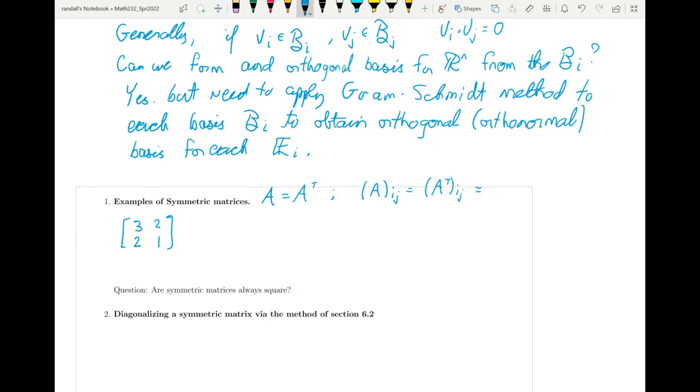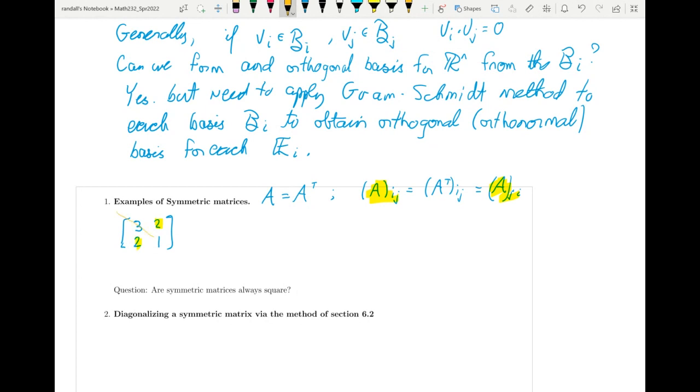But the ijth entry of A transpose is the jith entry of A. So the consequence of a matrix being equal to its transpose is that the ijth entry of A must be the same as the jith entry of A. That's what I'm trying to do when I write my matrices. When I wrote down this 2 to begin with, I knew that's the 1,2 entry. Therefore the 2,1 entry must also be this number, and the 2,1 entry was this one here.